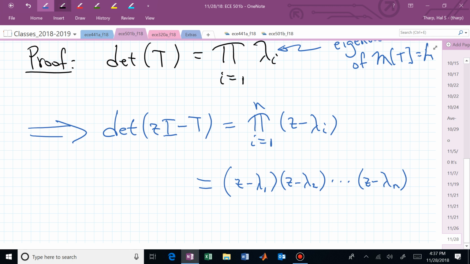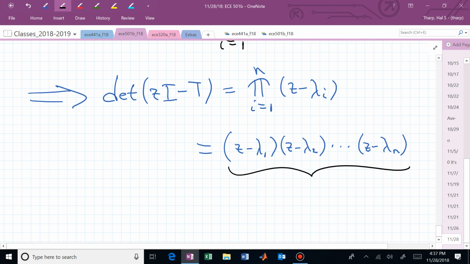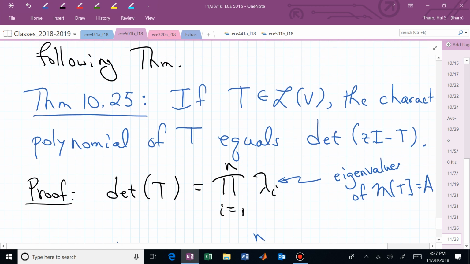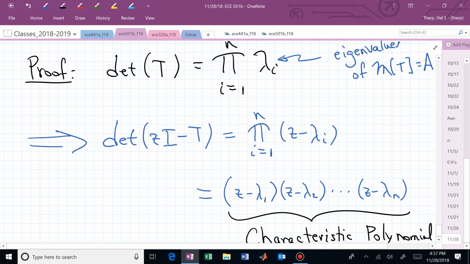And this is how we defined the characteristic polynomial. So now we have another way of finding the characteristic polynomial. We can say just find the determinant of zI minus T, and this is a two-step proof or verification of that being true.